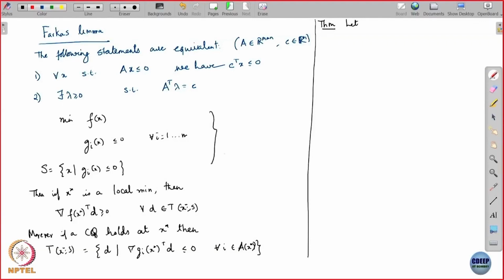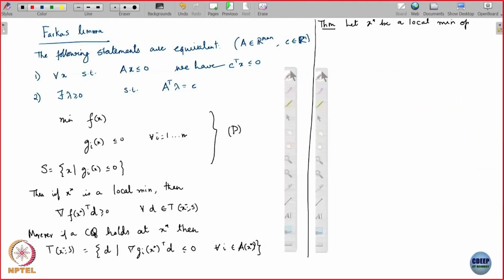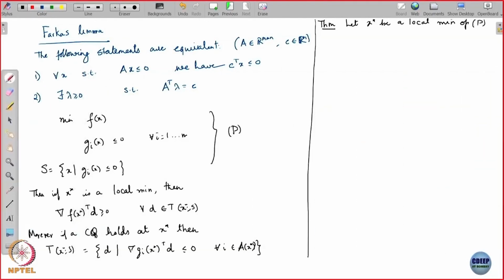So, let us call this optimization problem P, and let x star be a local minimum of this optimization problem P. And suppose that a constraint qualification holds at x star.